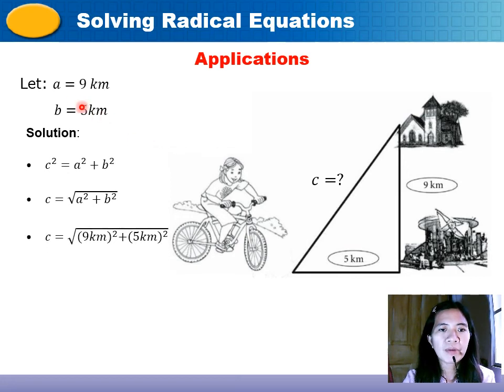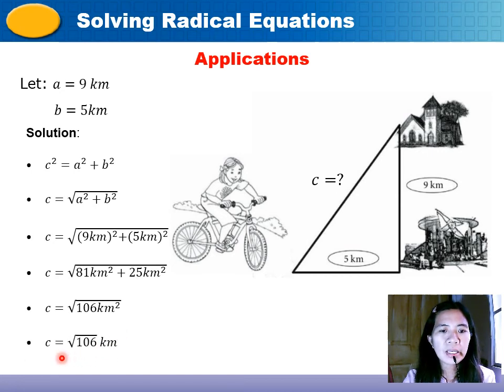So we have A equals 9 kilometers and B equals 5 kilometers. So 9 squared is 81 square kilometers plus 5 squared is 25 square kilometers. Then simplify, we have 81 plus 25 equals 106 square kilometers.